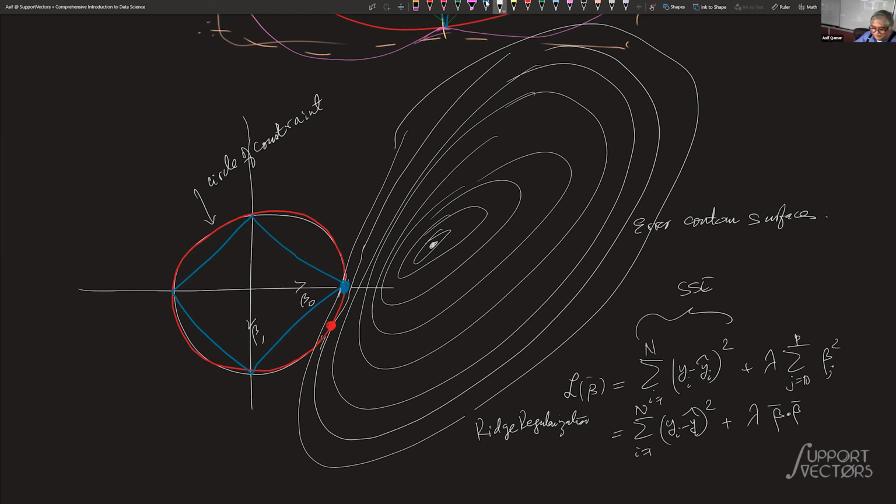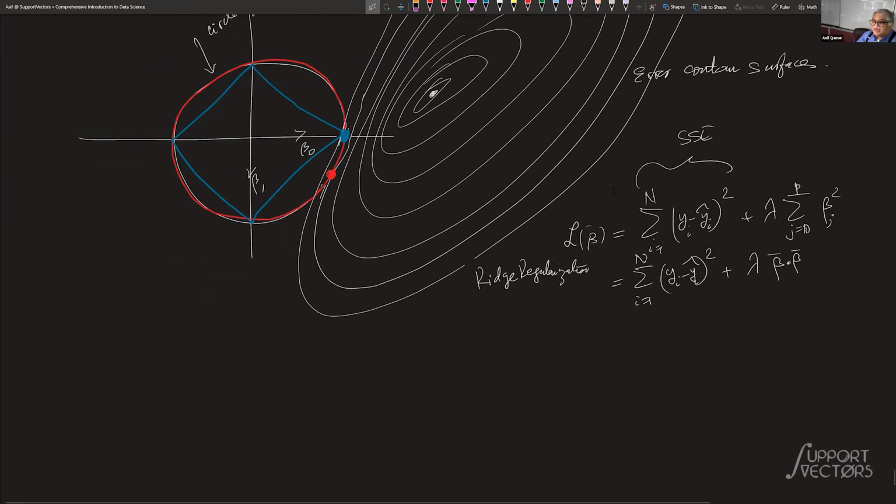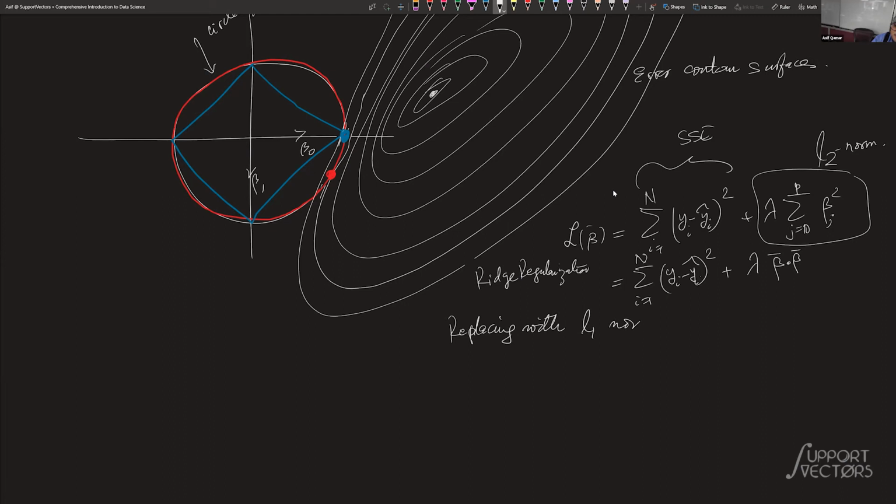Now, this is the L2 norm. Remember, this is the Minkowski norm 2. But if we replace it with the L1 norm, which is the blue line, a blue circle, well, in quotes circle, because it doesn't agree with the notion of a circle, it's called Lasso regularization.